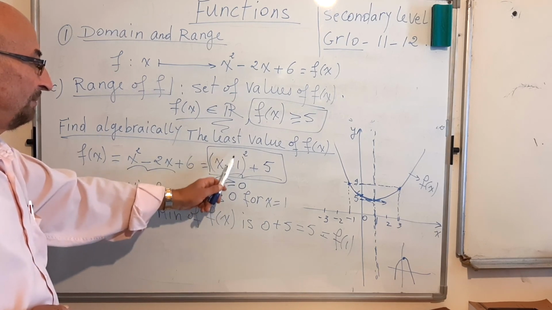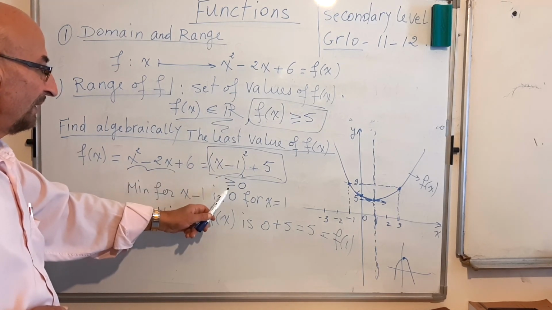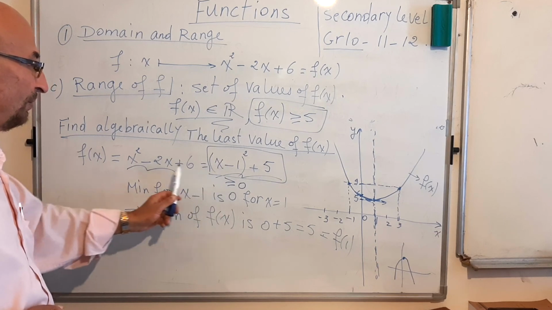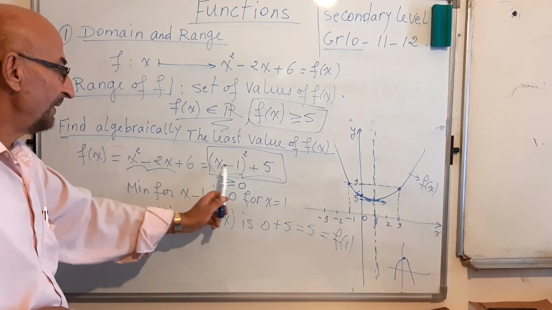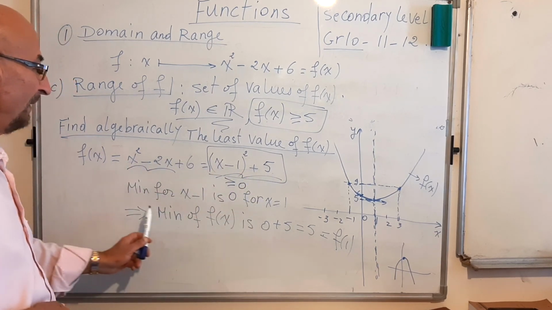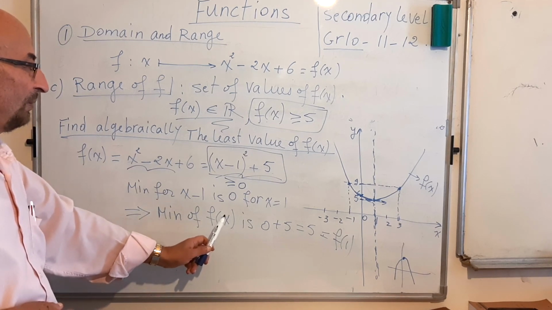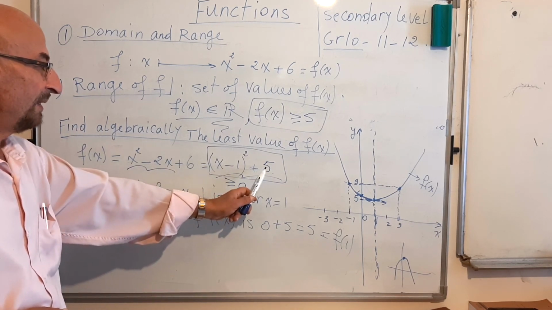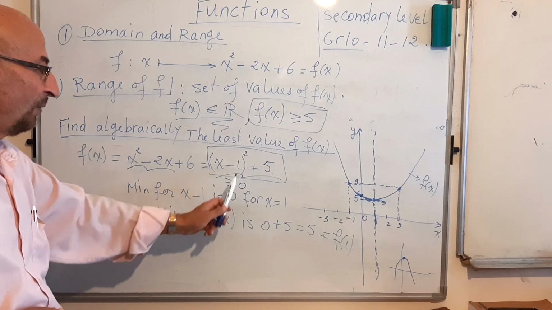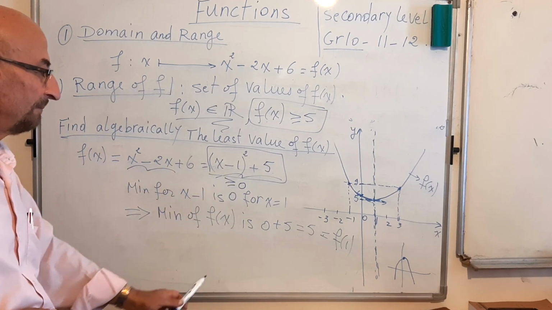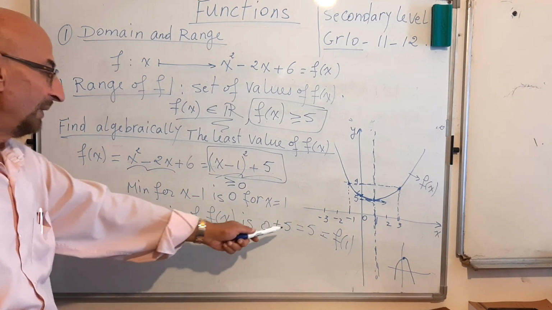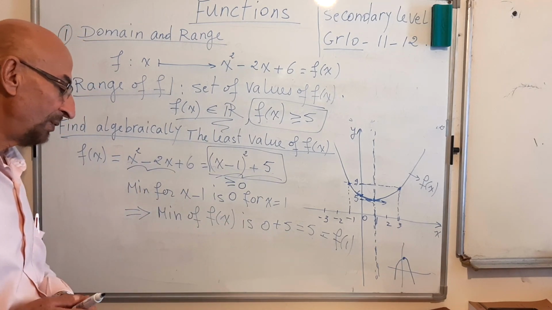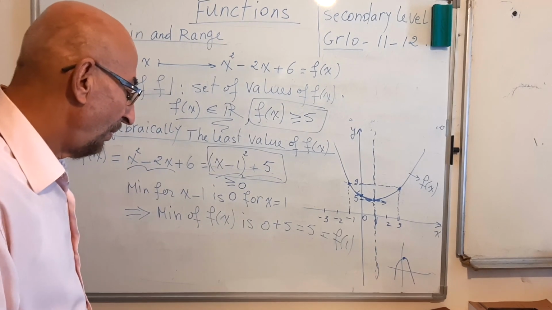The minimum of the bracket squared is 0, so the minimum of the expression is 0 plus 5. The least value of f of x is 5 for x equal 1. f of 1 equal 5 is the least value of f.